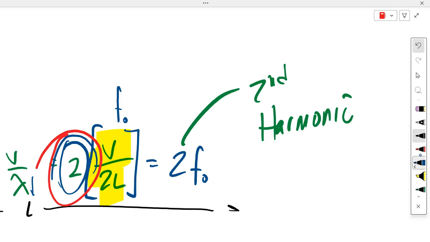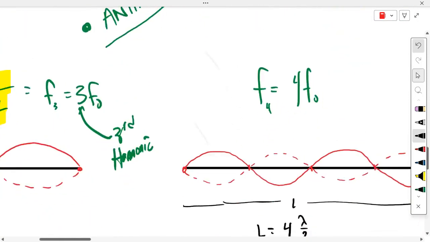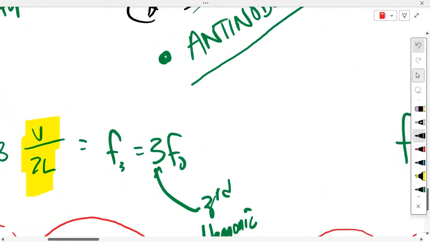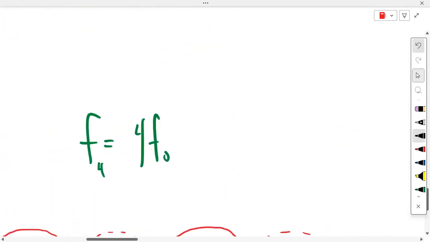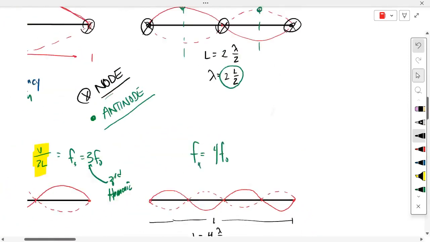So the second harmonic is double the frequency of the fundamental. The third harmonic is triple the fundamental frequency. The fourth harmonic is quadruple the fundamental frequency.